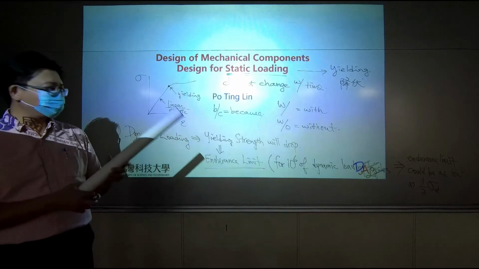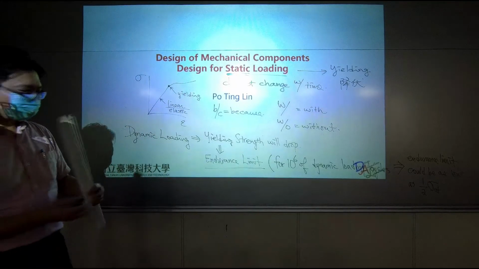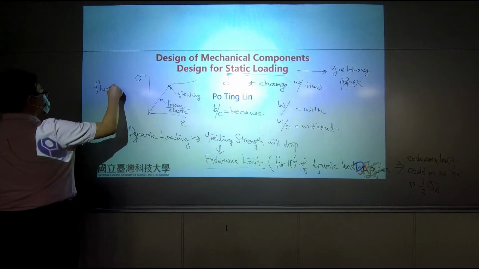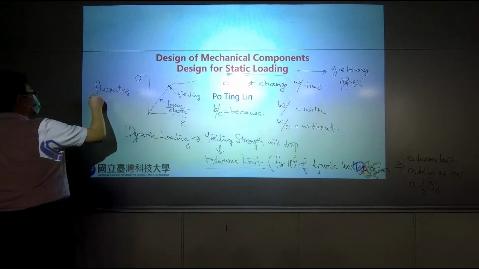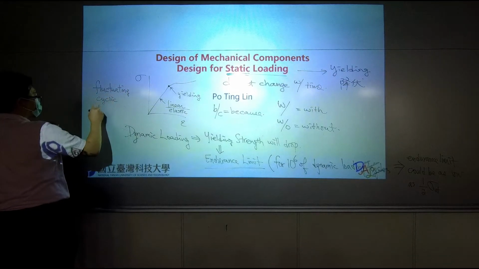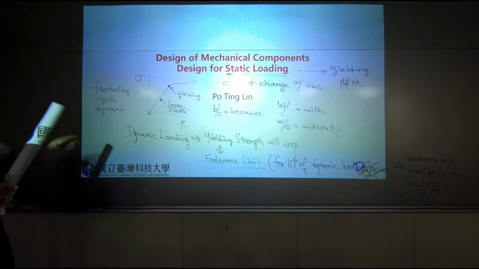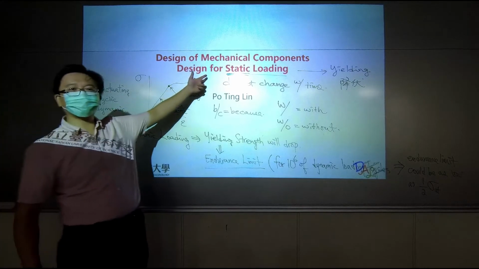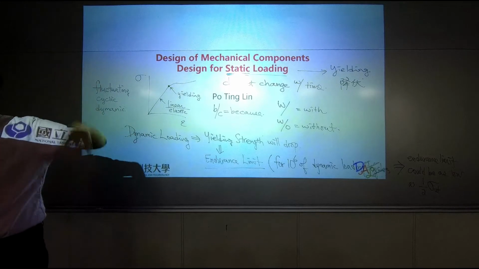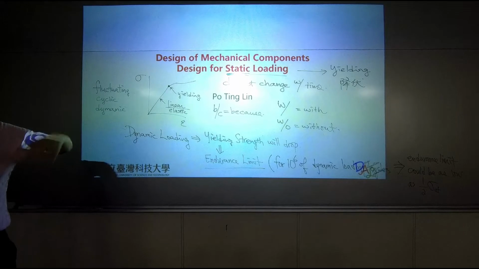If you have cyclic loading, or sometimes we call it fluctuating, or just dynamic, all kinds of loading. Dynamic means it's not static. Fluctuating is like it's moving up and down, and you cannot describe how it's changing.